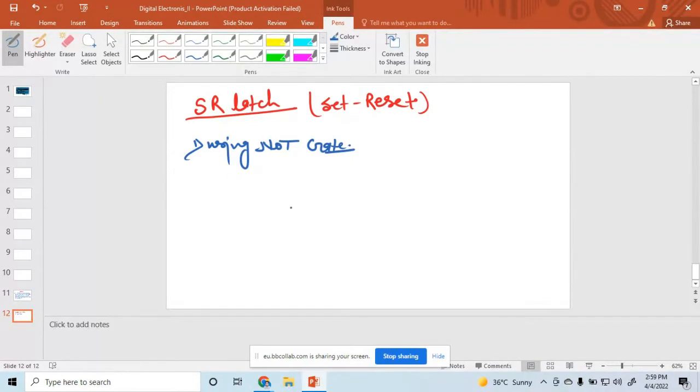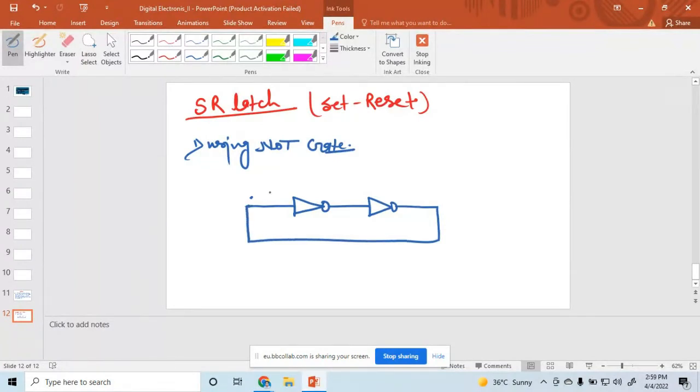Suppose this is a NOT gate and the input is 1, so the output is 0. Then we connect another NOT gate, and its output comes back as an input.